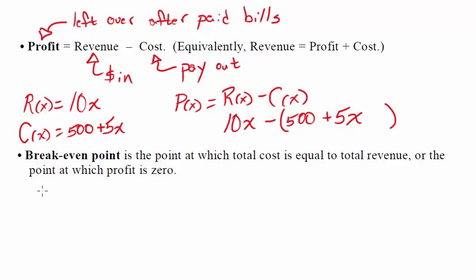So at some point I sell enough that my revenue equals my cost. So one way to think of this is when revenue equals cost, I've brought in enough money to cover all my bills. Another way to think about this is when the profit equals 0.